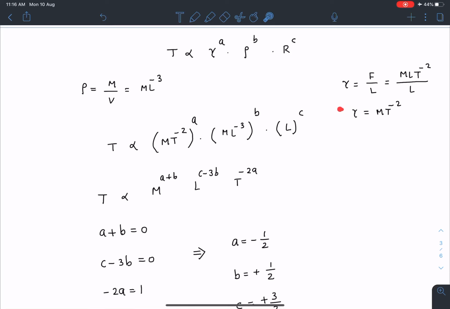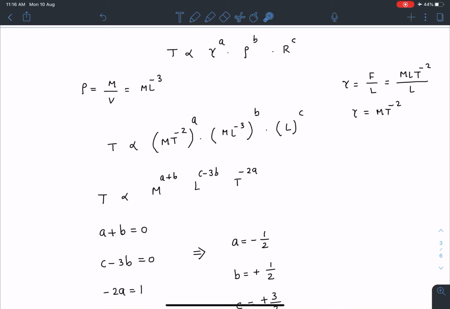For R it is length. When I substitute these values in this expression, I am going to get T proportional to (MT^-2)^a, (ML^-3)^b, and this radius R, which is length, to the power c.